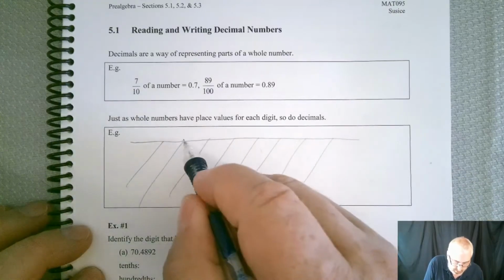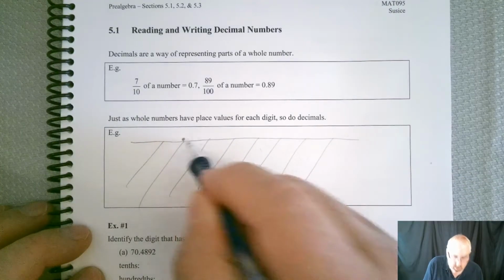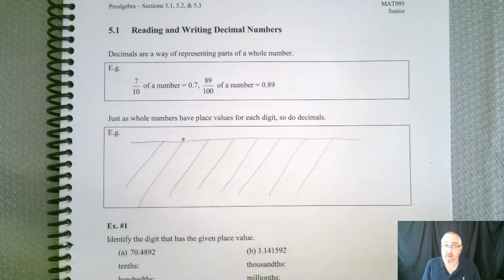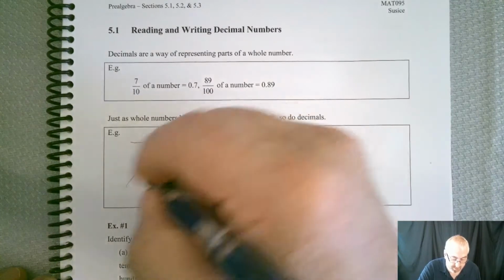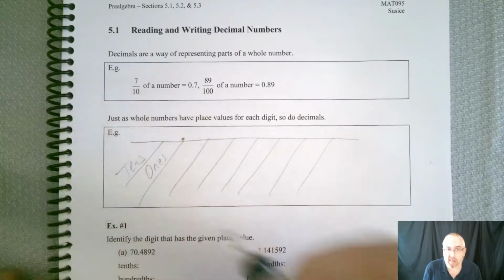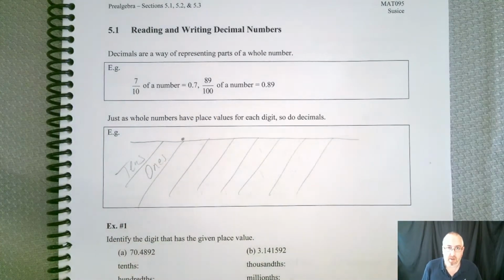Now let's put a decimal point right there. So we've already seen the left side of the decimal point, where the first place value was the ones, and then the tens, and then it went on off to the left forever. On the right side, it's very similar, but with a couple subtle differences from what it looks like on the left.